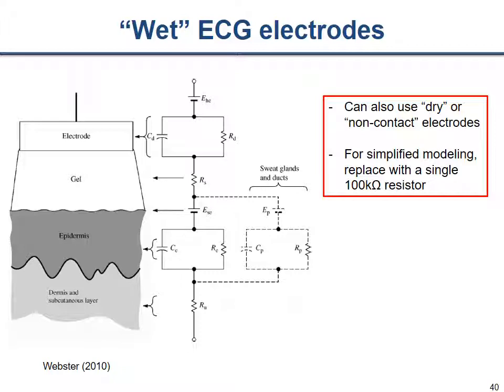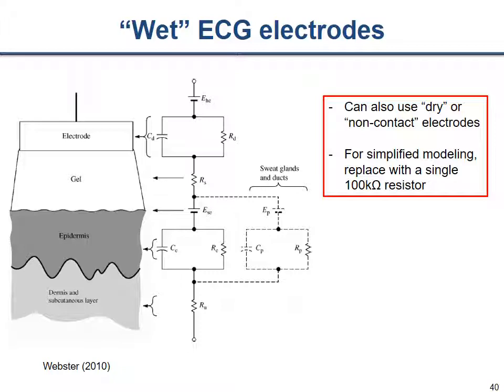What we typically do is build an electrode out of some sort of metal, typically silver or silver chloride, and connect to the skin via an electrolytic gel. What this gel effectively does is provide a conformal contact to the curved nature of the skin to provide a good low effective impedance.